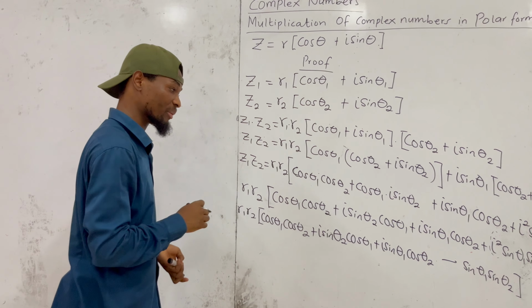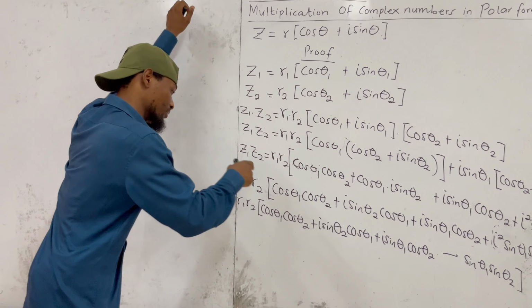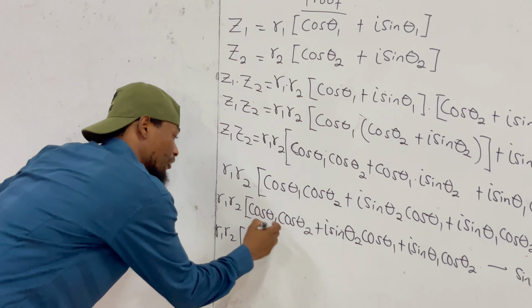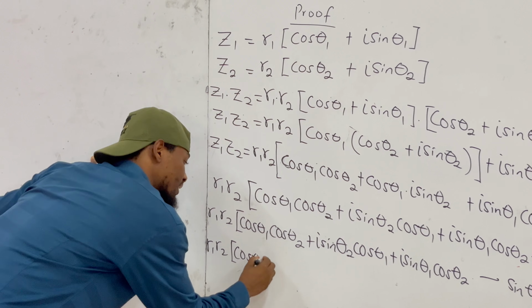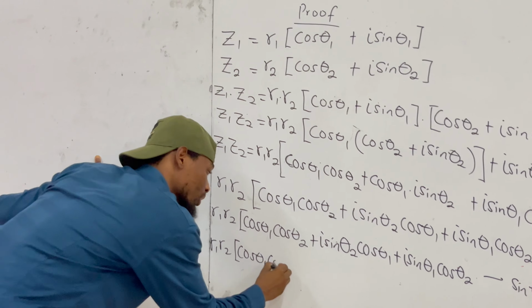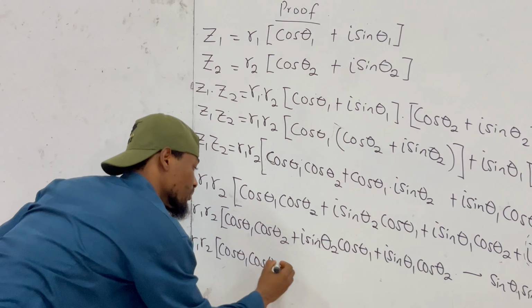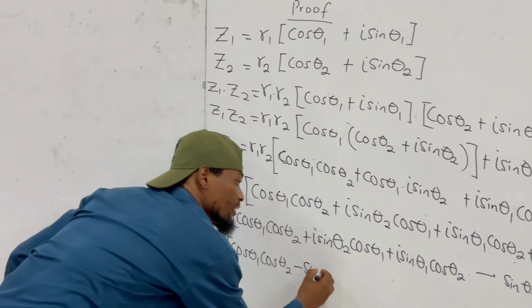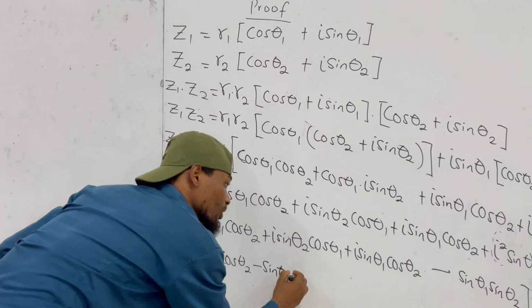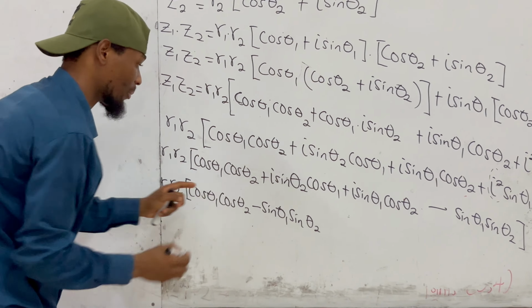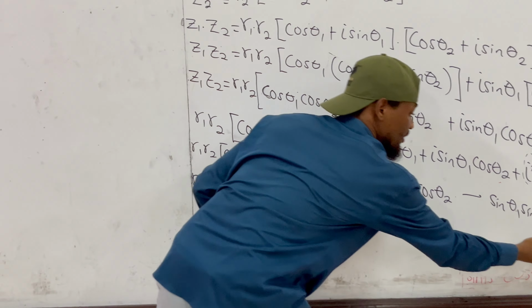By rearrangement, I can say that r1, r2, I have cos theta 1 cos theta 2, then minus sine theta 1 sine theta 2. So I'm done with this and I'm done with that.